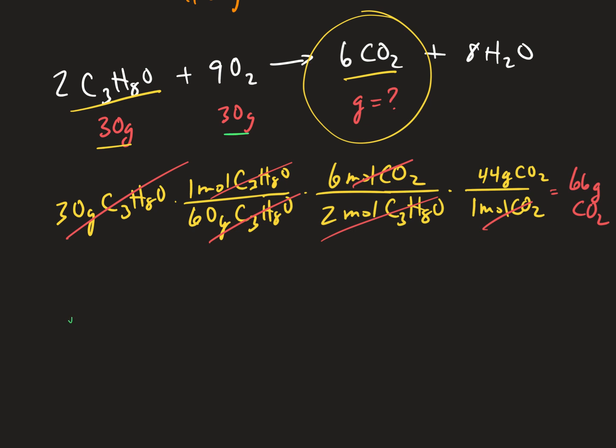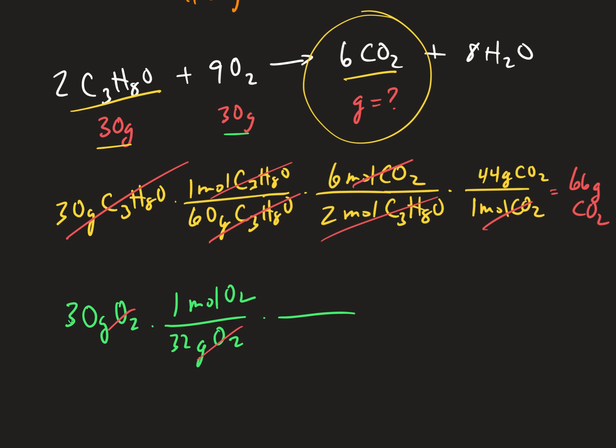So let's start here. 30 grams of O2. And we've done this in plenty times today. So 32 grams per mole is the molar mass of oxygen. Now we use the mole to mole ratio. What goes on bottom? Oxygen.